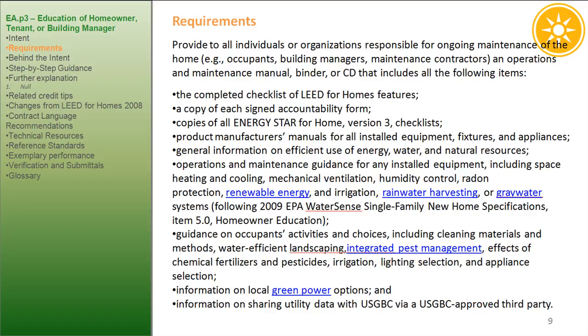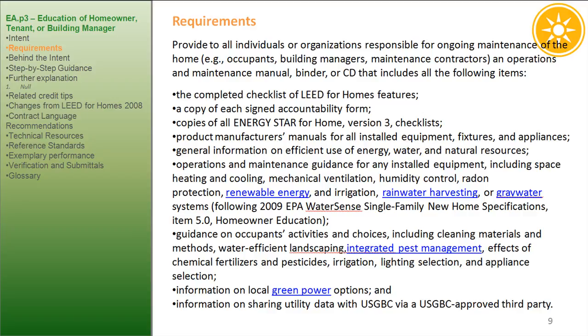Operations and maintenance guidance for any installed equipment, including space heating and cooling, mechanical ventilation, humidity control, radon protection, renewable energy, and irrigation, rainwater harvesting, or gray water systems, following 2009 EPA WaterSense Single-Family New Home Specifications, Item 5.0, Homeowner Education.